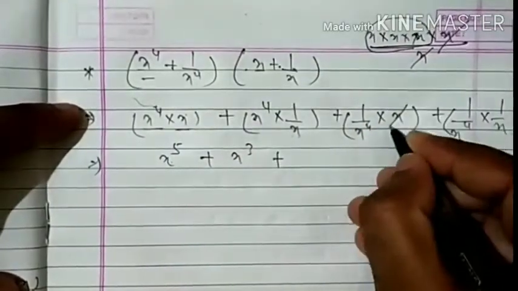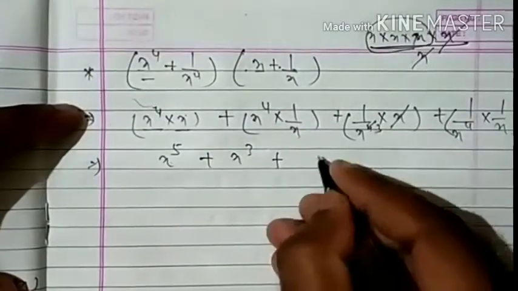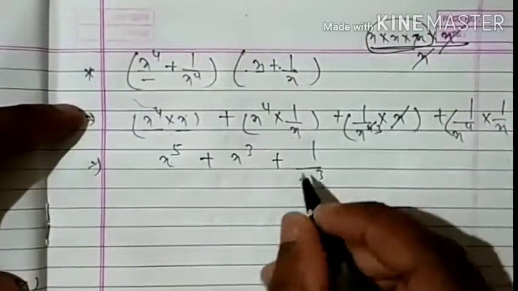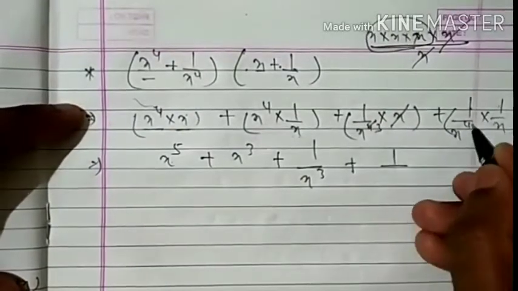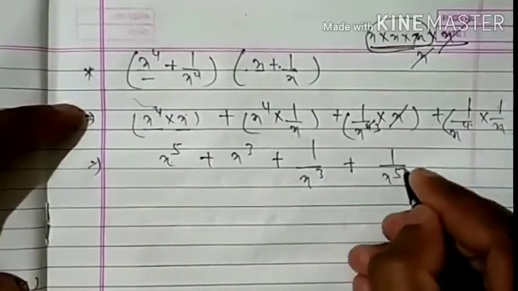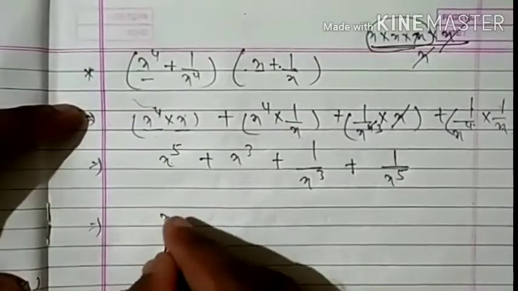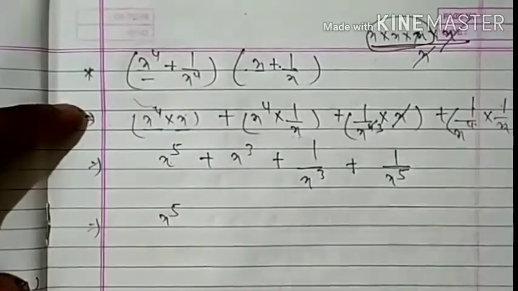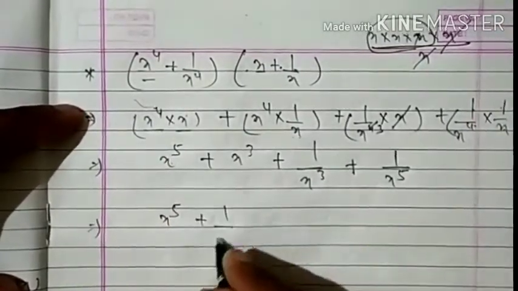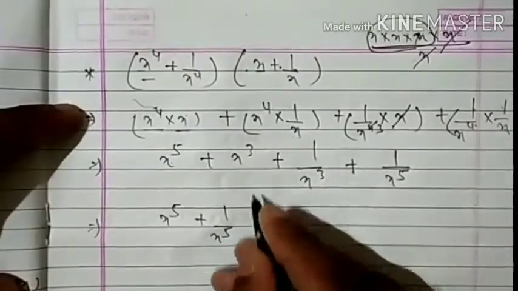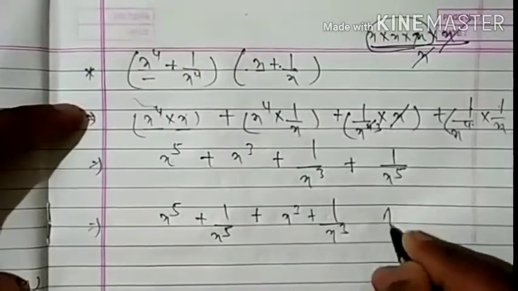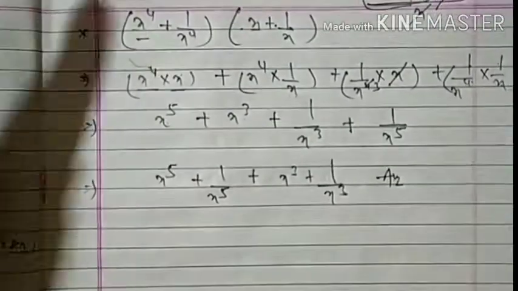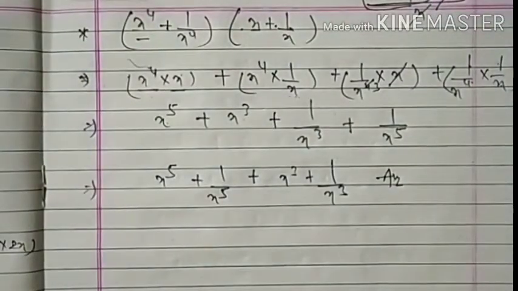Again 1x will cut, what do we get? 1 over x cube, plus 1 upon x to the power 4 multiplied to x, that is 1 by x to the power 5. So this is our answer. What we can write? x to the power 5 plus 1 by x to the power 5 plus x cube plus 1 by x cube. This is our answer. I hope it is clear to everyone.